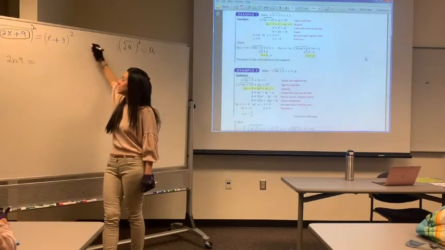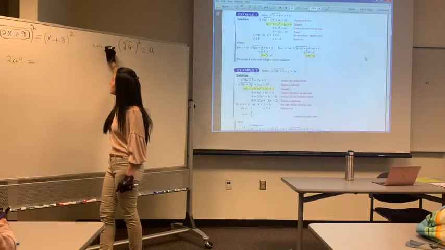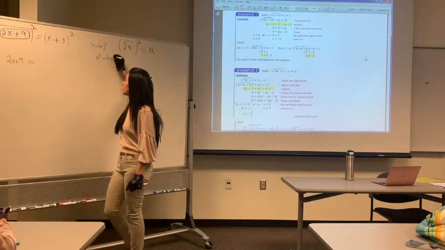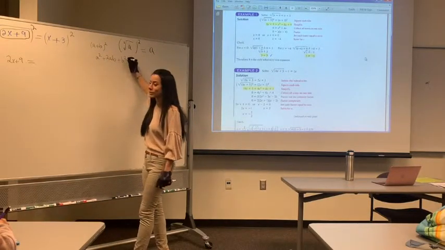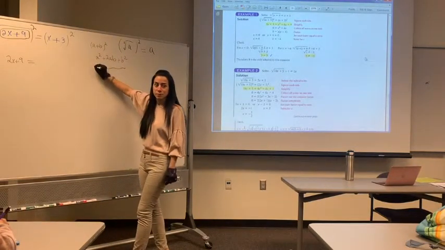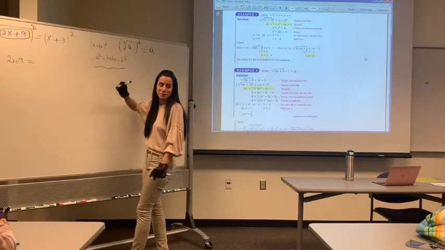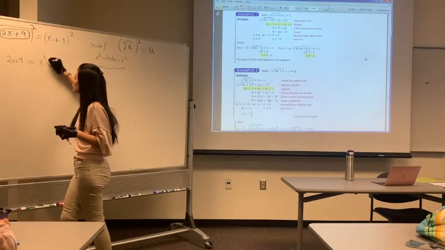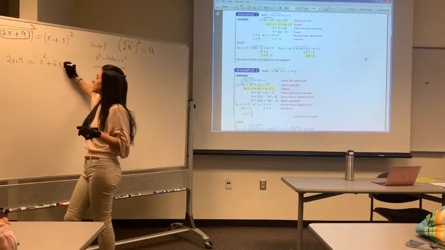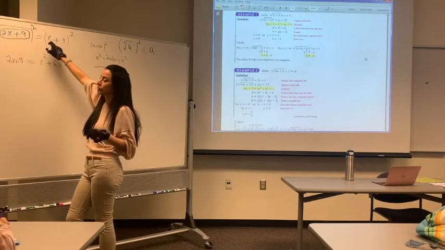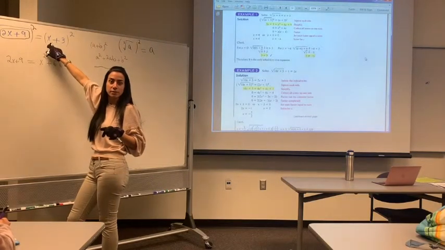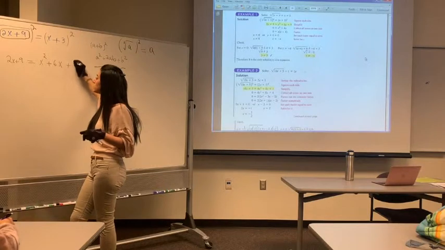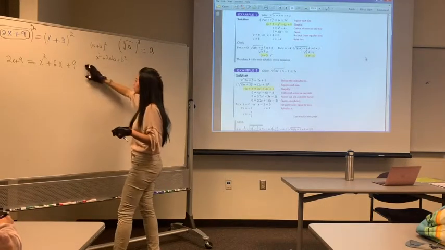So this one is (a plus b) power 2, a squared plus 2ab plus b squared. Do you remember this? We just used this. So it will be x squared plus 6x, 2 times 3 multiplied by x, plus 3 power 2 is 9.